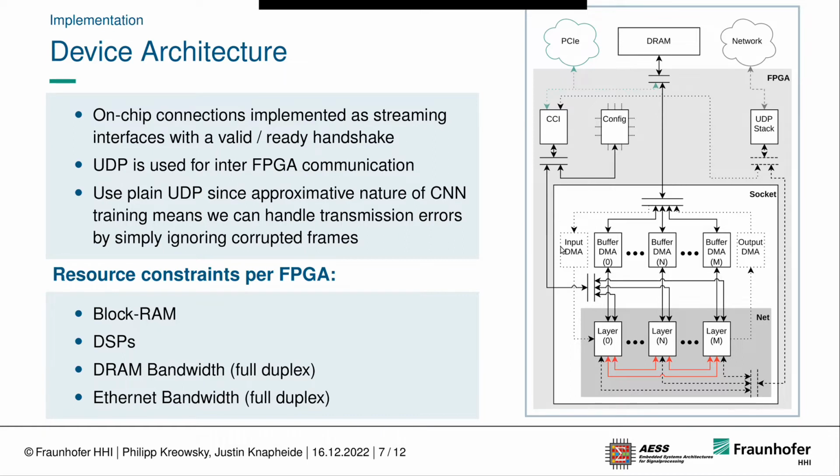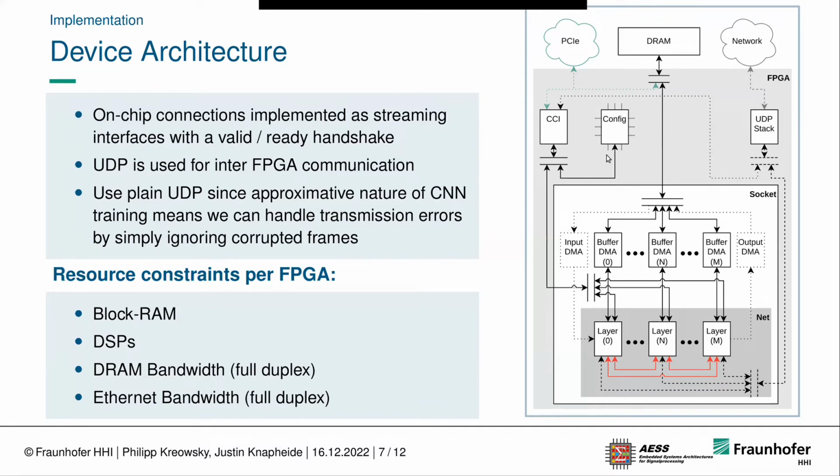So from the socket down to the layer, it's all written in Spinal, which handles all the AXI communication stuff, and basically gives us a net where we can implement a number of layers which potentially can communicate to each other on chip via valid-ready handshake streams and via UDP to neighboring layers on other FPGAs. We use plain UDP for inter-FPGA communication.